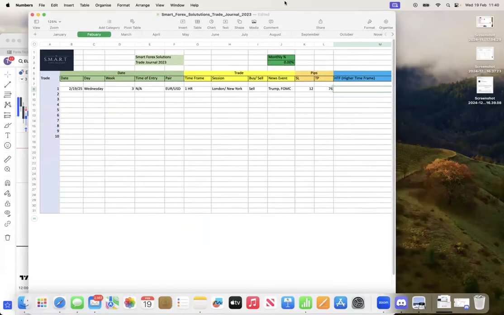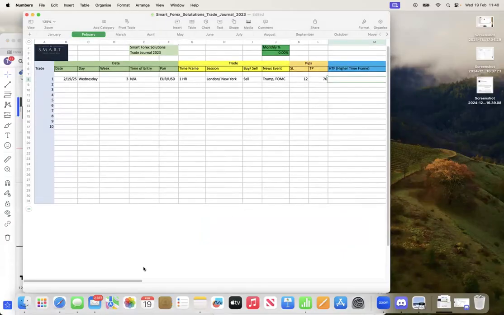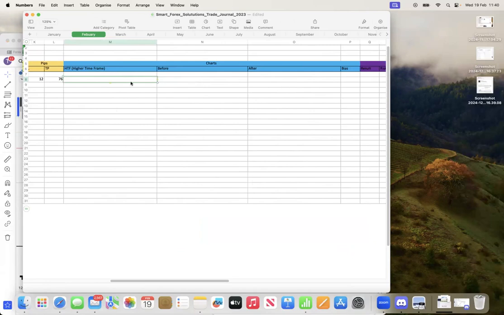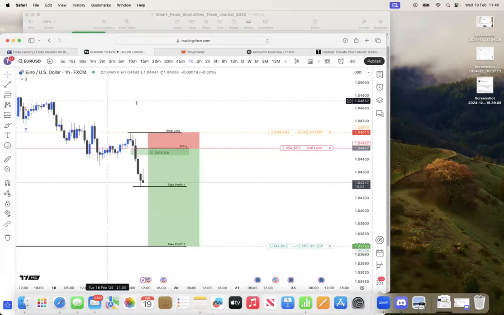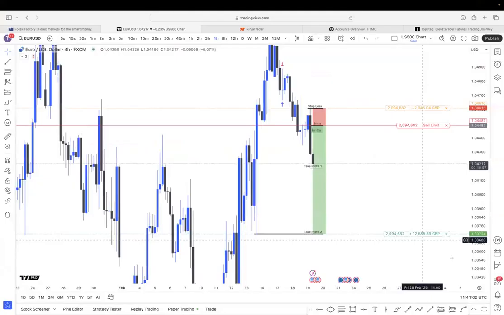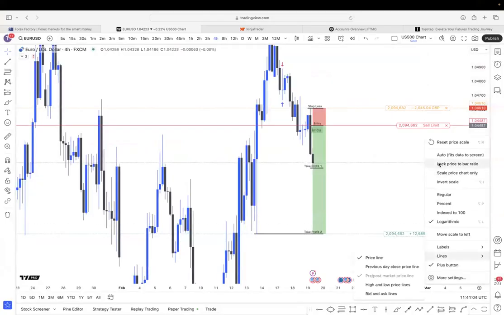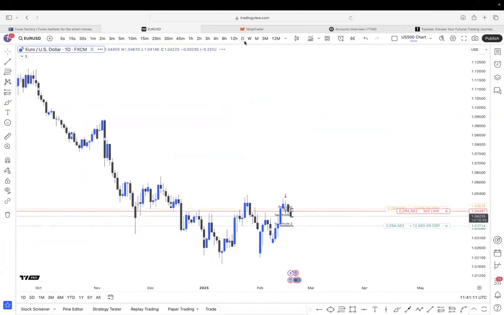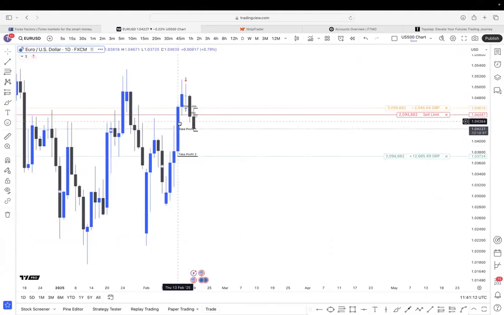Now, going across we need to look at the next stage of this particular setup. So higher time frame before and after. Now we haven't actually done any analysis on the higher time frame for this particular position, but I'm not going to worry too much about it. But for the sake of filling it in, we're just going to look at this bullish leg. We're going to see here we're actually inside a daily fair value gap as well.